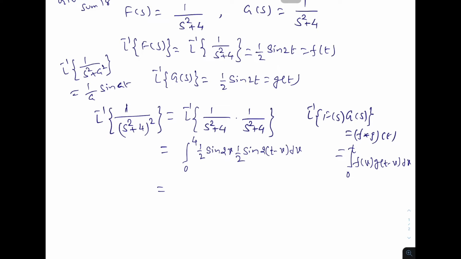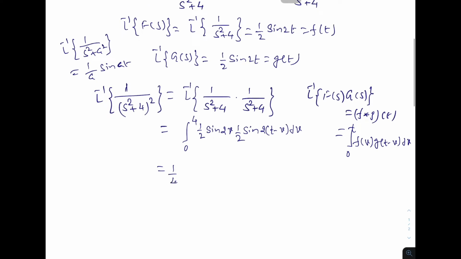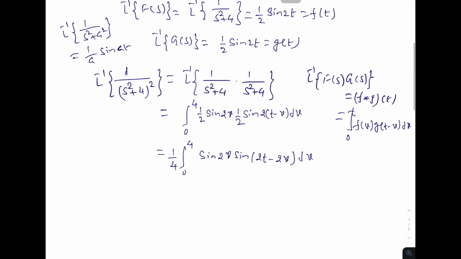So this is now 1 by 4 times the integral from 0 to t of sin 2v sin (2t minus 2v) dv. Here we can multiply by 2 and divide by 2, so that we can use the result 2 sin A sin B equals minus cos(A plus B) plus cos(A minus B).